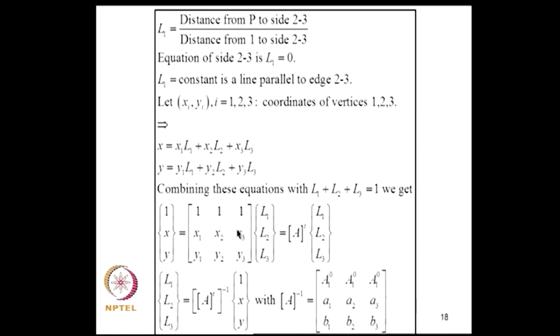So, we can solve for L1 L2 L3 in terms of x and y by using those three equations, which are put together here. This matrix I call A transpose, and this is the vector of L1 L2 L3. So, from this the relationship between area coordinates and Cartesian coordinates can be computed, with A inverse being given by this.